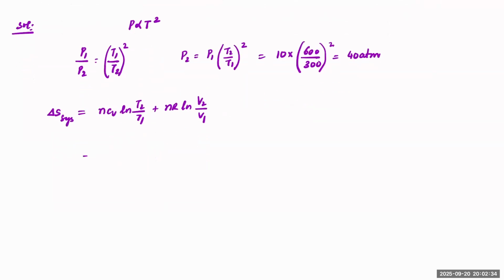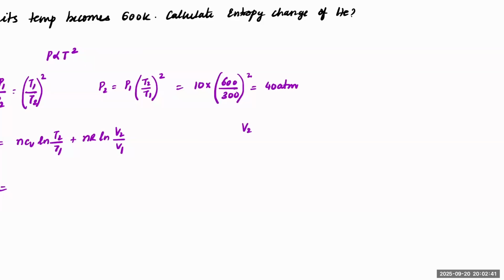So there are two ways you can solve it directly, or you can calculate first the volume here. PV is equal to nRT, you know that. So volume is directly proportional to T by P. So V2 by V1 will be equal to T2 by P2 multiplied by P1 by T1. Correct? This is what you will have.